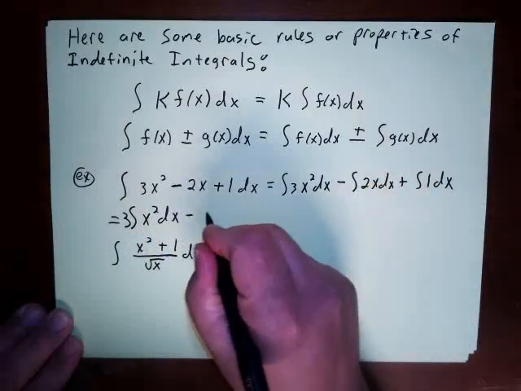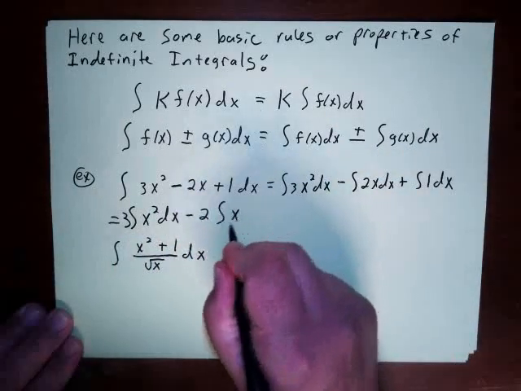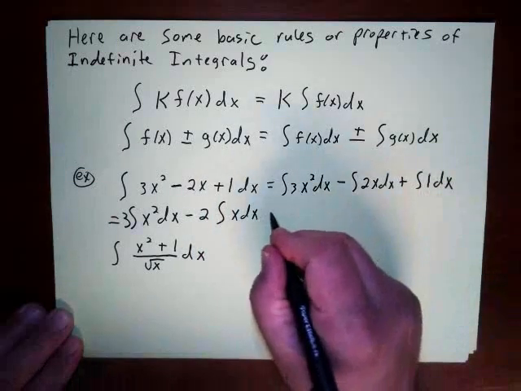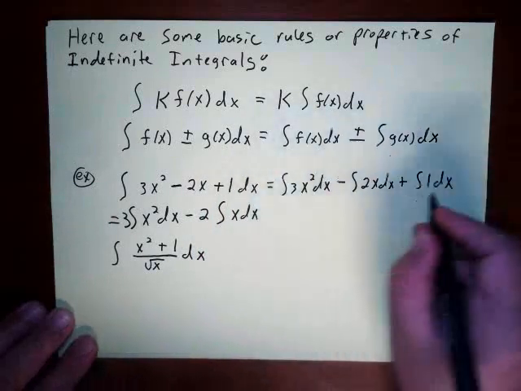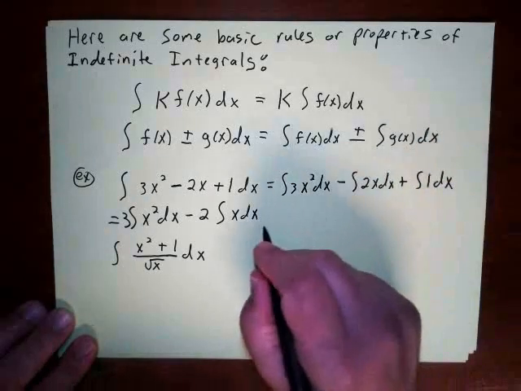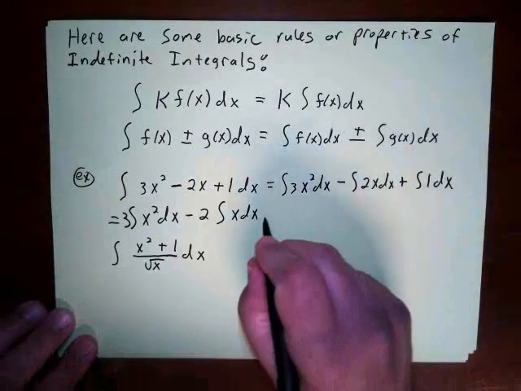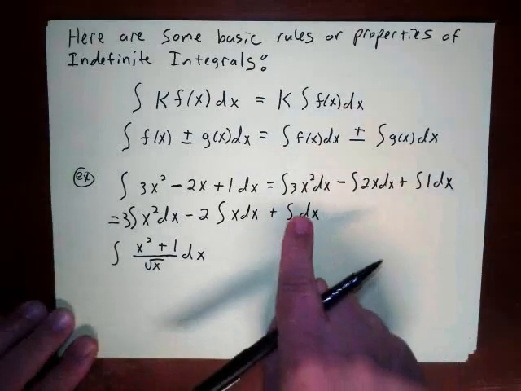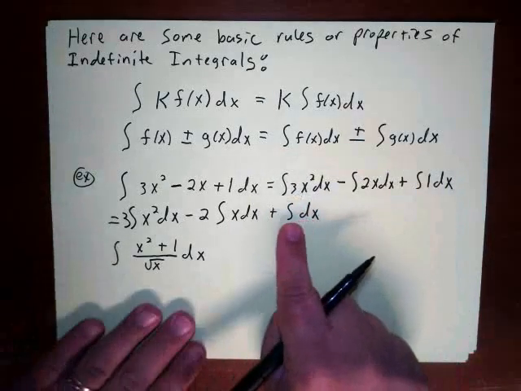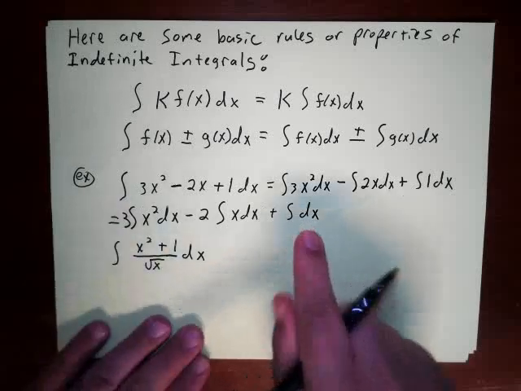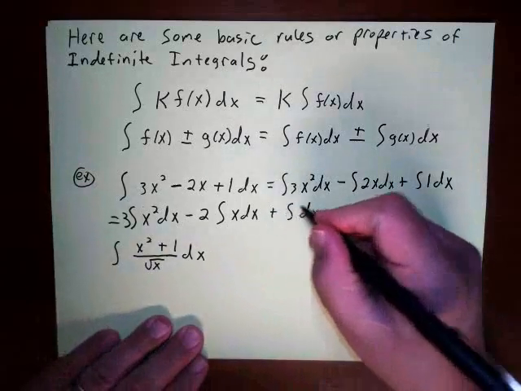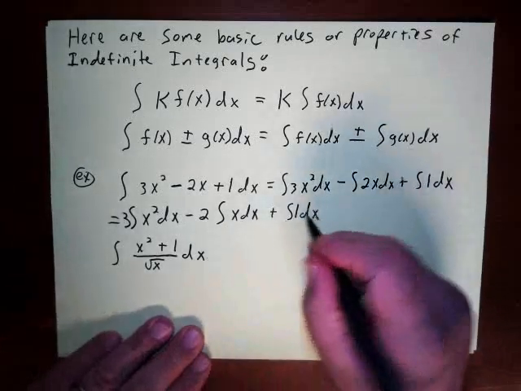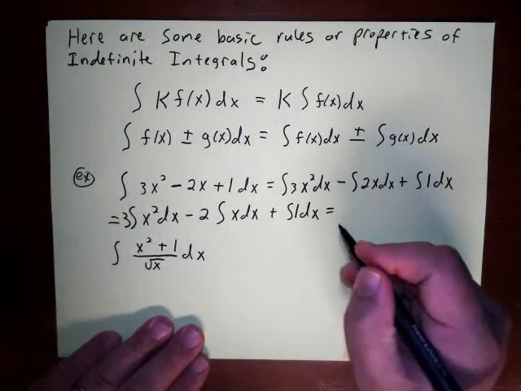And then I'd pull the 2 out, and then I just have x dx. And then here, you could pull the 1 out or whatever, and you just have the integral dx if you wanted to. You can actually have the integral dx. That's kind of weird, but this just means you have a 1 in there. I always write 1 just because it doesn't look right to me otherwise.